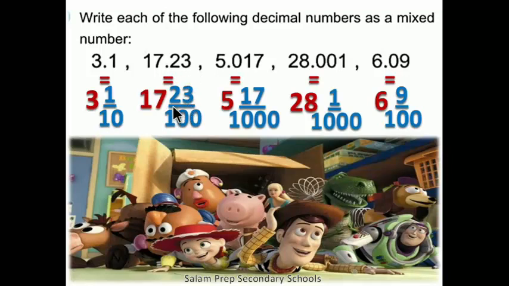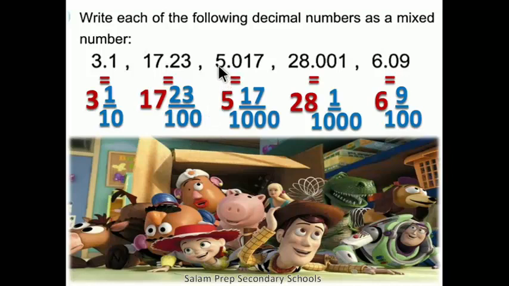Write 23 in the numerator. 23 in the decimal part, 2 digits. 2 digits means hundredths, so I will put 100 in the denominator.